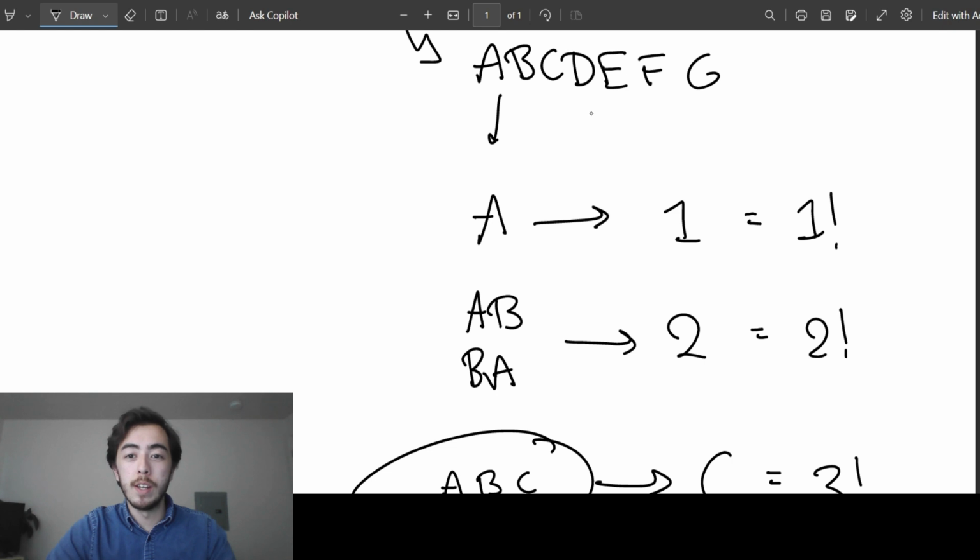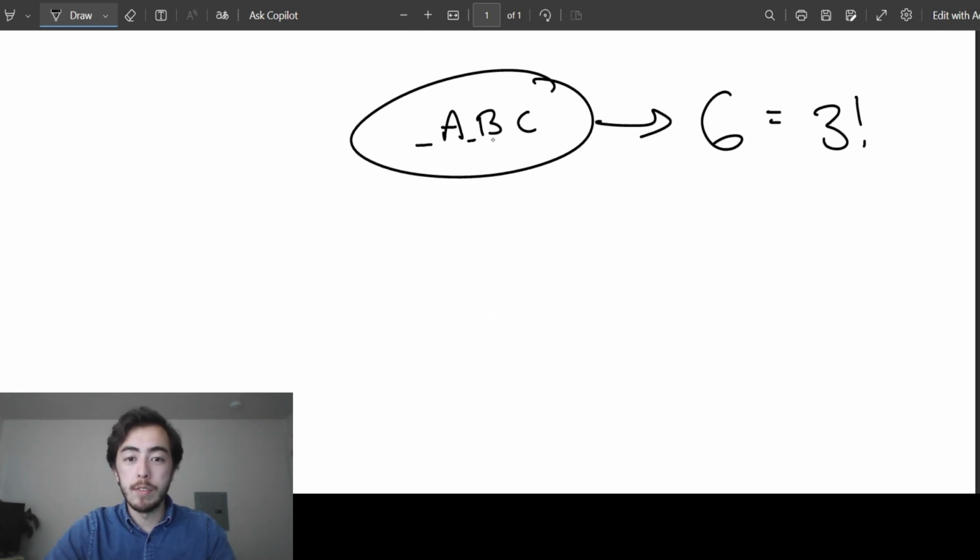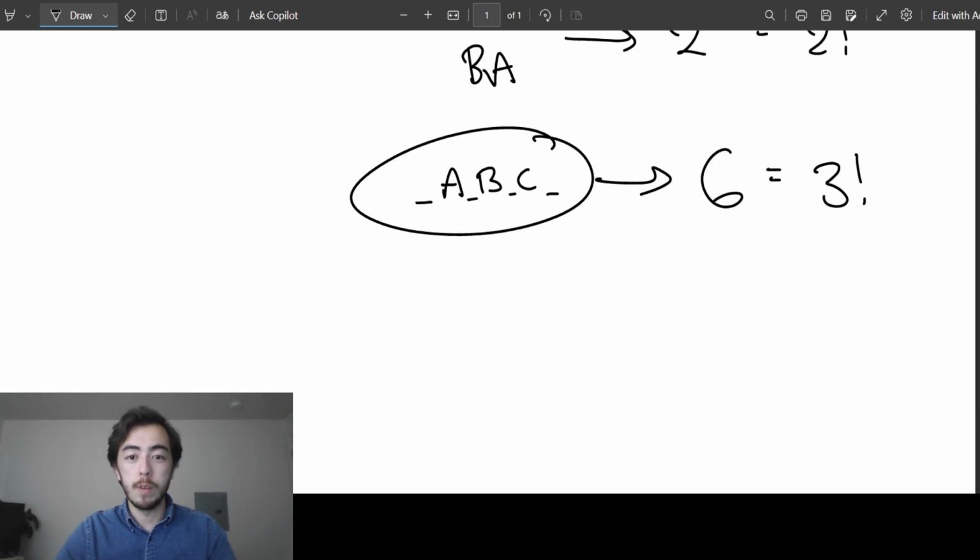Let's say I have one of my 6 words, which is ABC. I'm imagining where I can slot in the letter D, and I have 4 different spots I could put that letter D, and in each of those different spots, I am creating a brand new word that I haven't seen before.